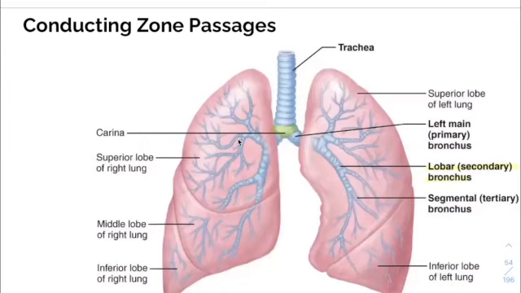And then they split into their segmental or tertiary bronchus. You can also see that the left lung has a superior lobe and an inferior lobe, while the right lung has a superior lobe, middle lobe, and an inferior lobe.